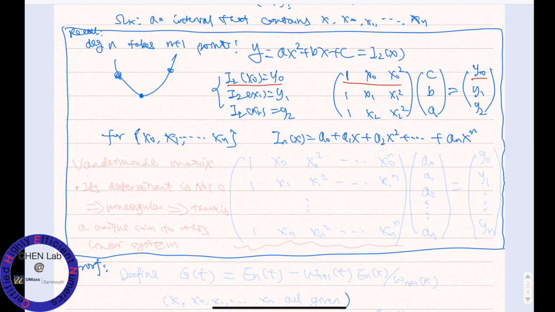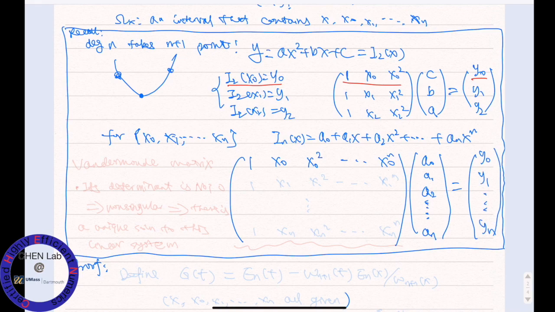In that case, we also have a little linear algebra system, which is 1, x0, x0 squared, all the way to x0 to the what power? N, yes. This should be multiplied with a0, a1, a2, all the way to an, and must be equal to y0.